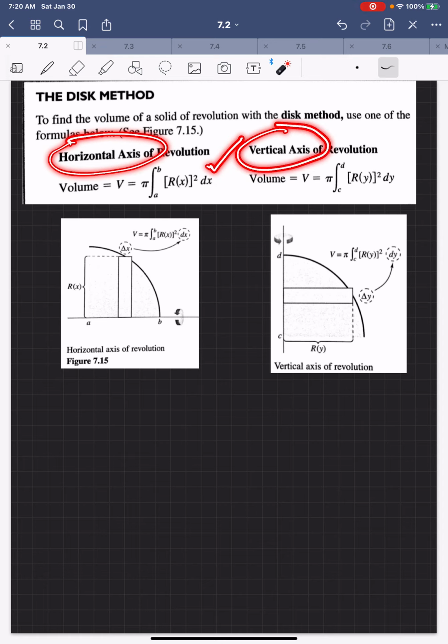If you're rotating about the vertical axis, you're integrating with respect to y. All they did was, since pi is a constant, bring it out in front of the integral.